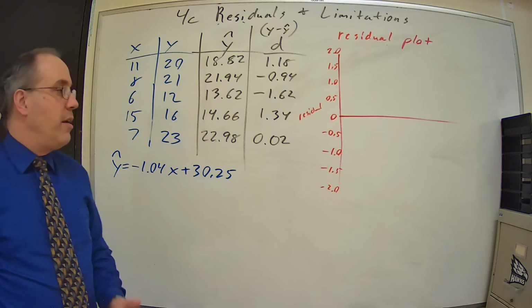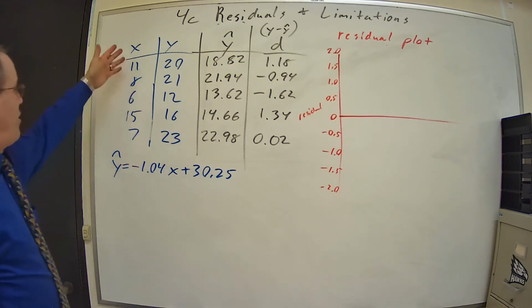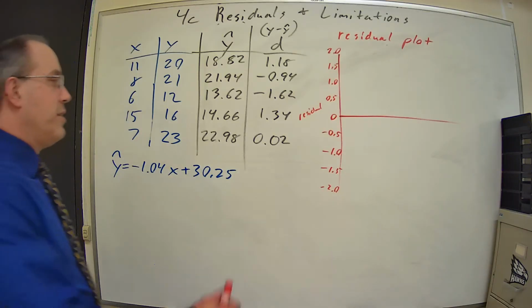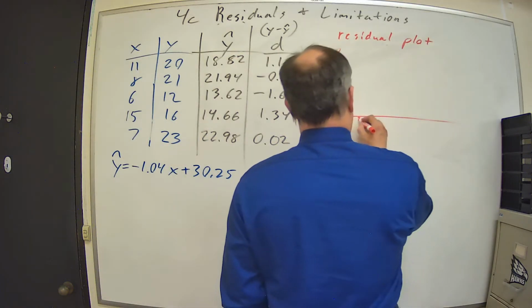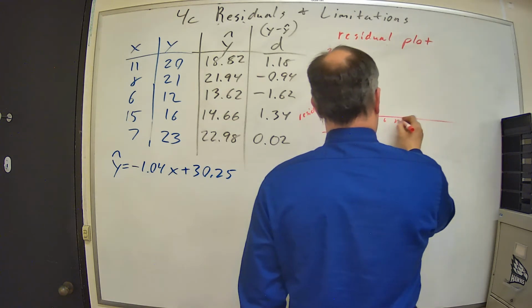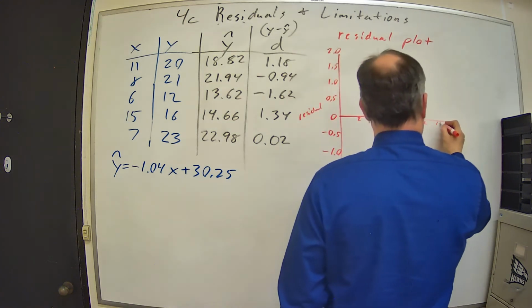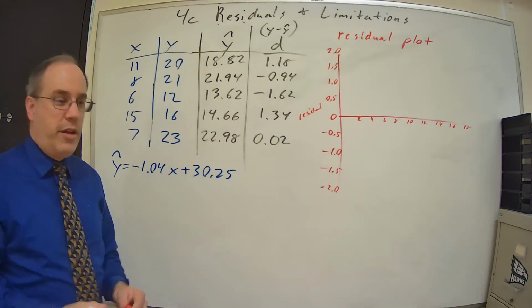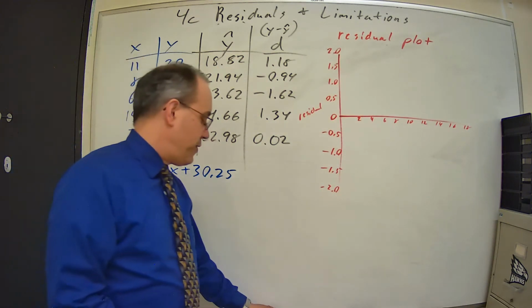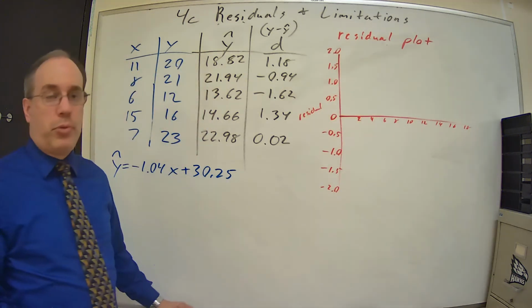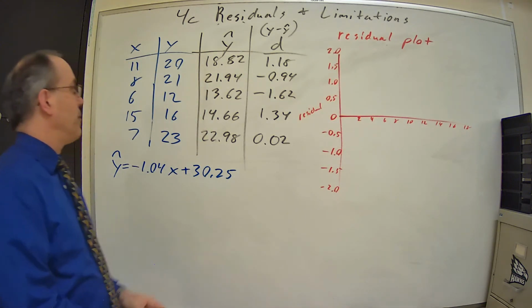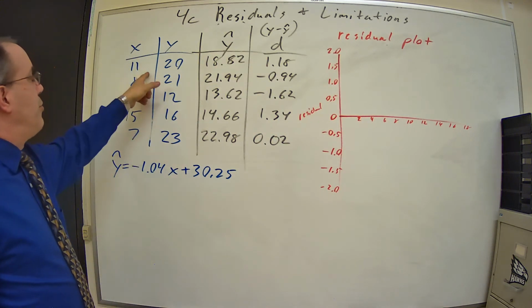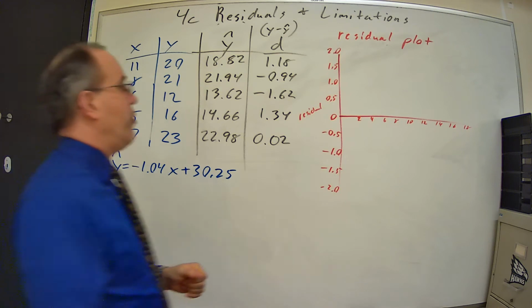Our x values are ranging from 6 through 15, so we're going to need to cover that. So 2, 4, 6, 8, 10, 12, 14, 16, 18. Now we've covered all of our possible x values, and it's just a matter of plotting our residuals versus our x values. So when x is equal to 11, we have 1.18.